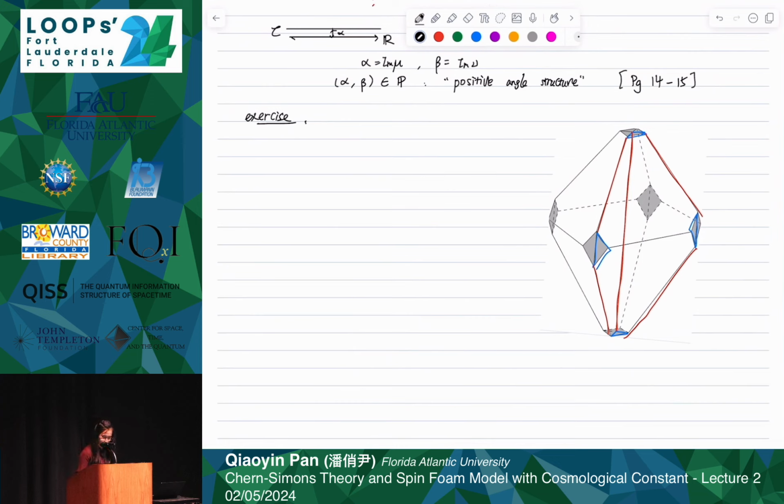This is called the ideal octahedron. I denote it by oct. Now you see that this edge is in the bulk of the ideal octahedron, and because we are working on a flat connection of a 3-manifold, it must be flat in the bulk.